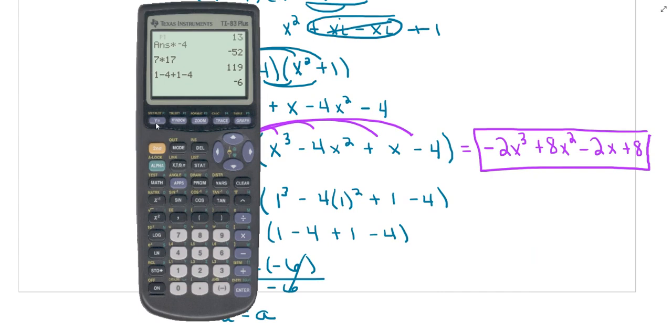So we should at least just see a +4. So let's see here, -2x cubed plus 8x squared minus 2x plus 8. And there's our 4 right there. Okay, so we see the 4, so we know we are on the right track. We're good to go here. So this is your polynomial function.